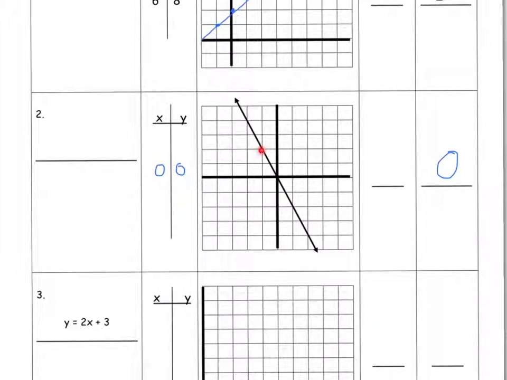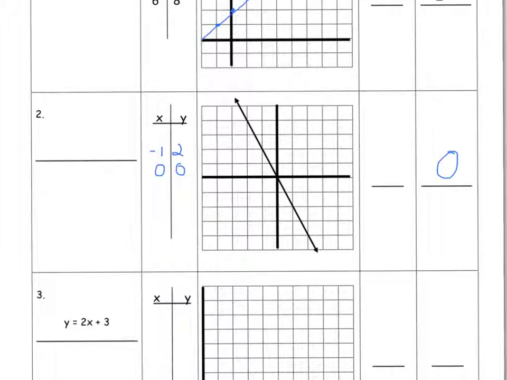Okay, so next, I'm going to see where the line passes through different intersections. So here's one of the intersections. What I need to do is go over -1 on the x side, and I go up 2. So another ordered pair is when x is -1, y is 2.